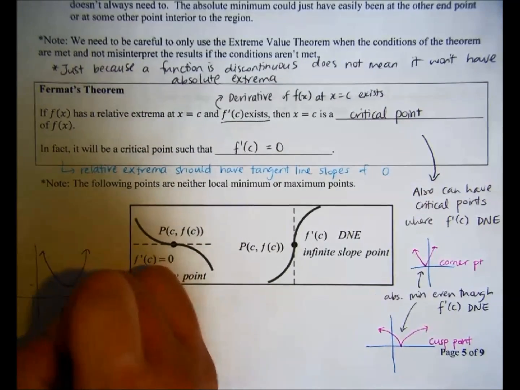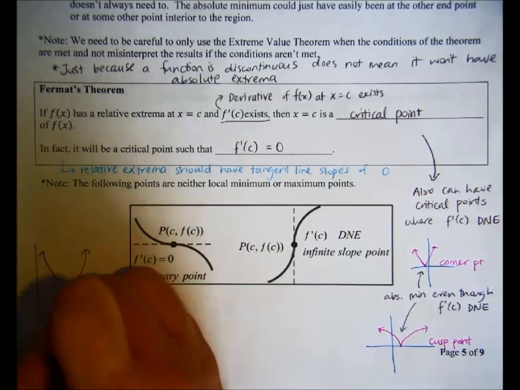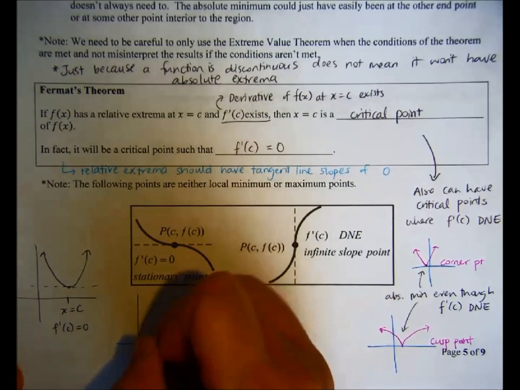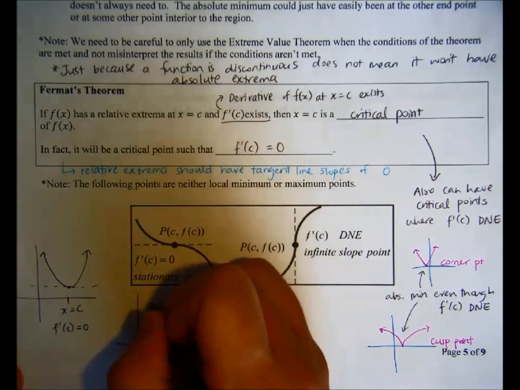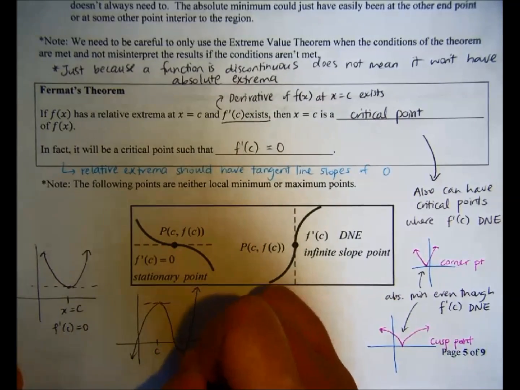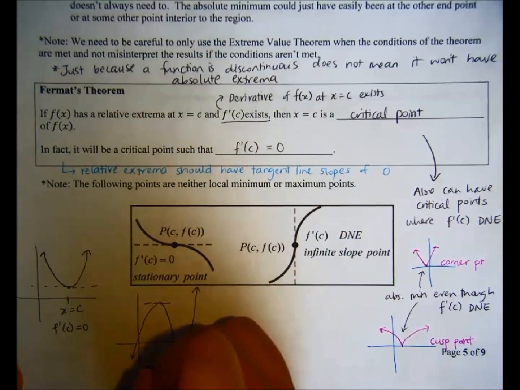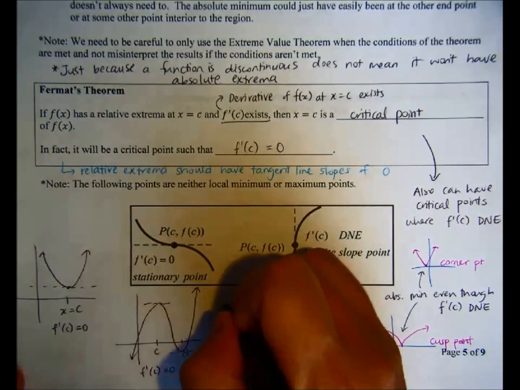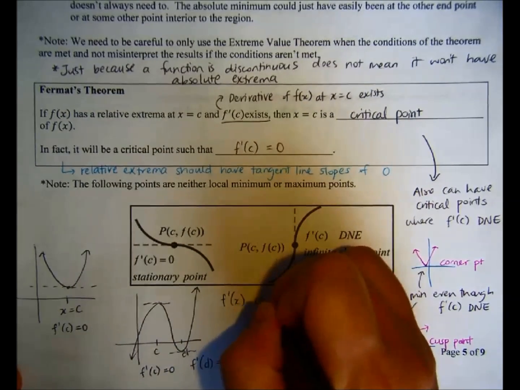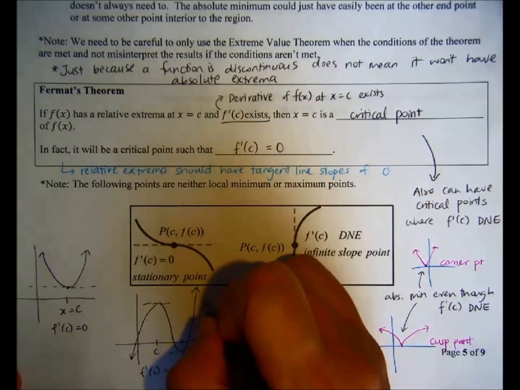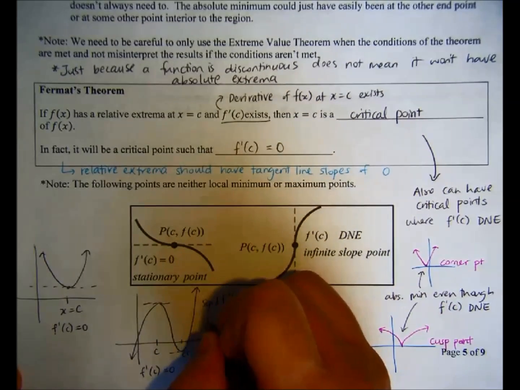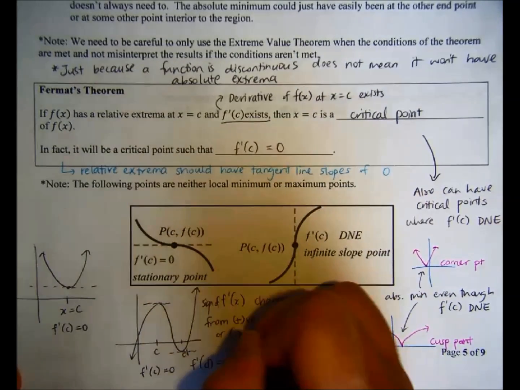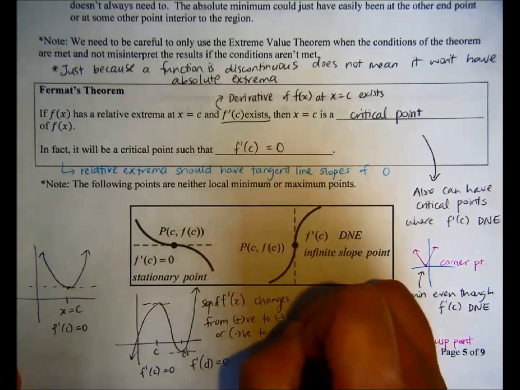So really, we need to clearly have a point where the derivative is equal to 0, but at the same time, we also need to consider whether or not the sign of f prime of x changes from positive to negative or negative to positive.